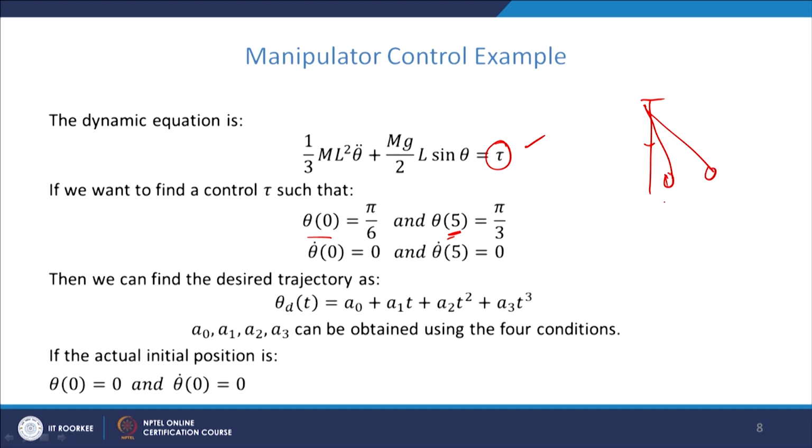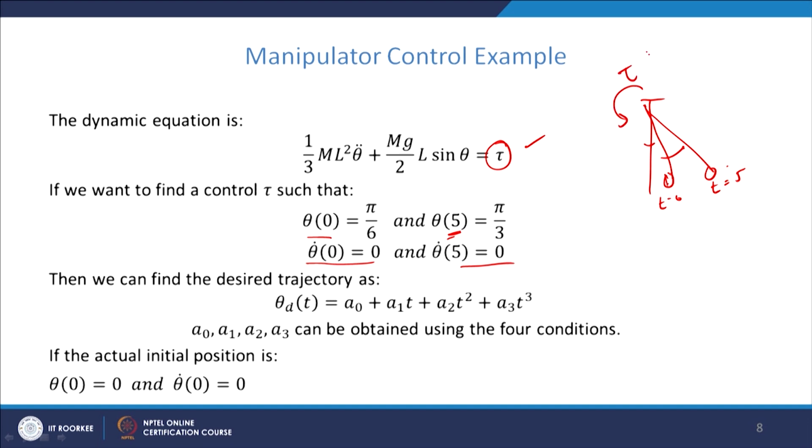So, the pendulum is at 30 degrees when t equal to 0, and when t equal to 5 it is at 60 degrees, and the derivative, that means the velocity of the pendulum, is 0 at time t equal to 0 and 5 both. So, it should start from here and then stop at this point, that is the meaning here. For this, how to find a torque?